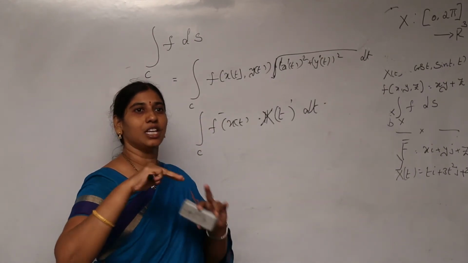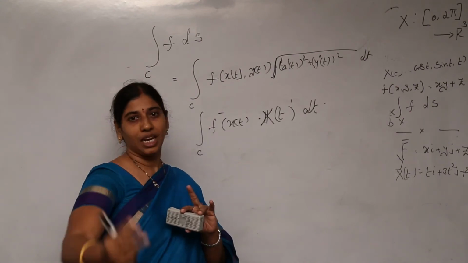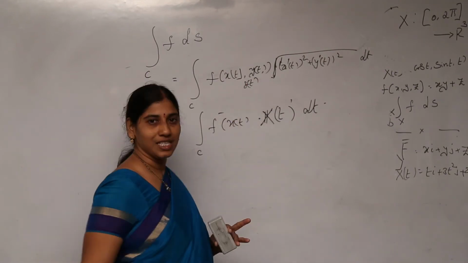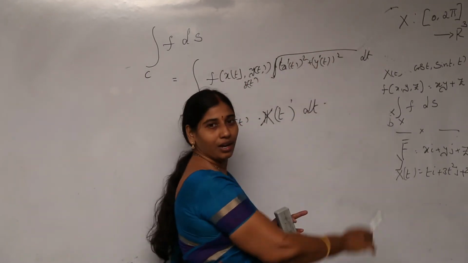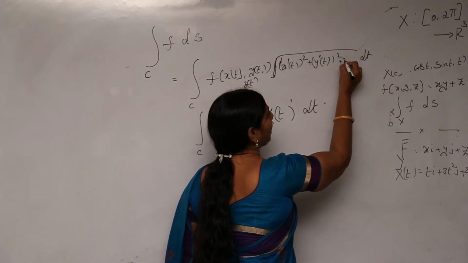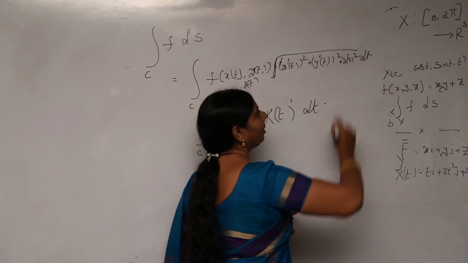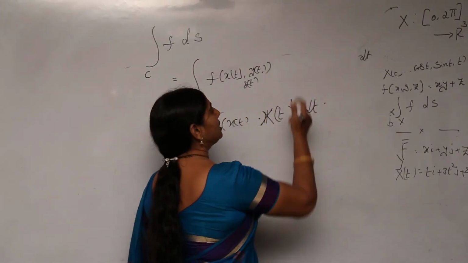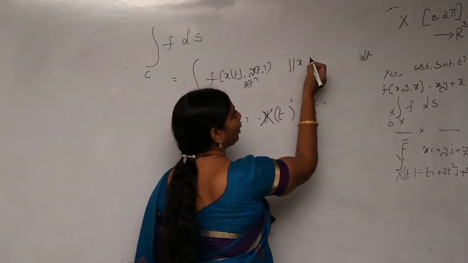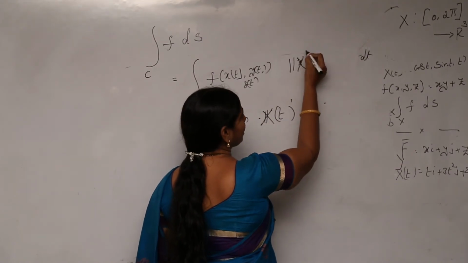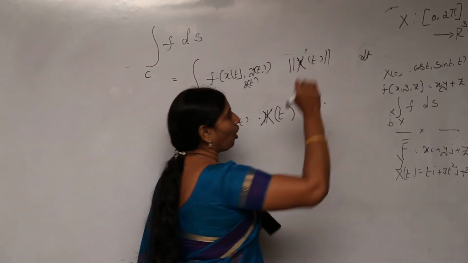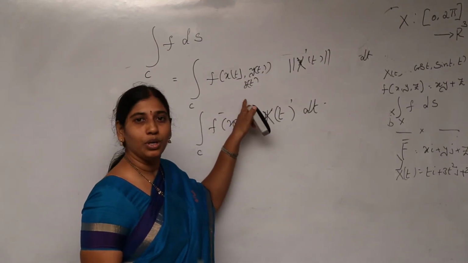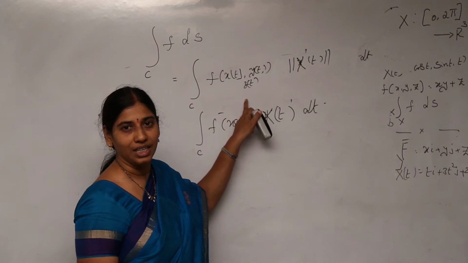If it is more than two variables, say three variables, then it is f of x(t), y(t), z(t) times the square root of x'(t) squared plus y'(t) squared plus z'(t) squared dt, or instead of writing the whole thing, we simply write it as norm of x'(t) dt. That is how we compute the line integral mathematically.